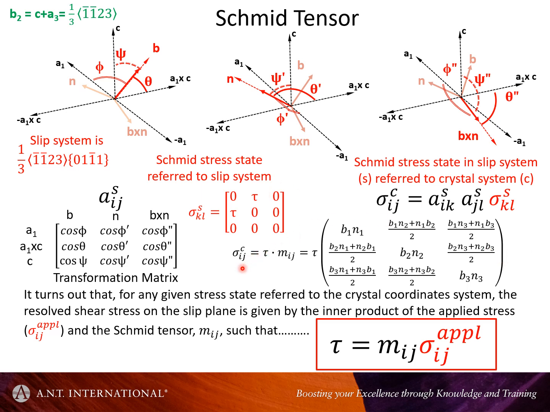And if one has a stress state in the single crystal, it turns out that one can use the Schmid tensor to determine what the shear stress is on the plane of interest by simply taking the inner product of this, what's called the Schmid tensor, with the applied stress tensor.